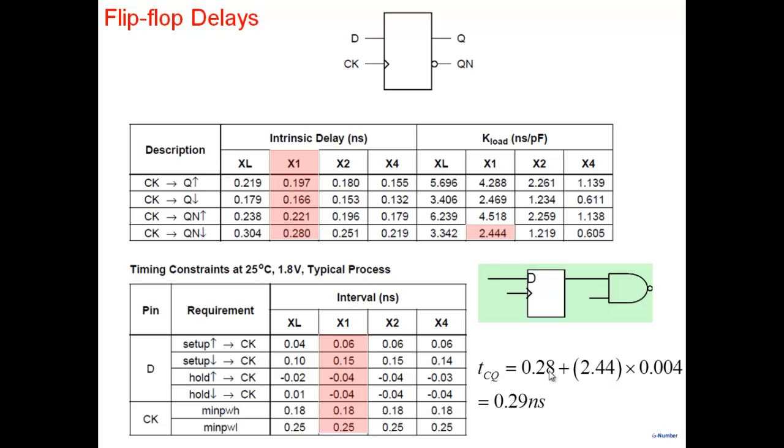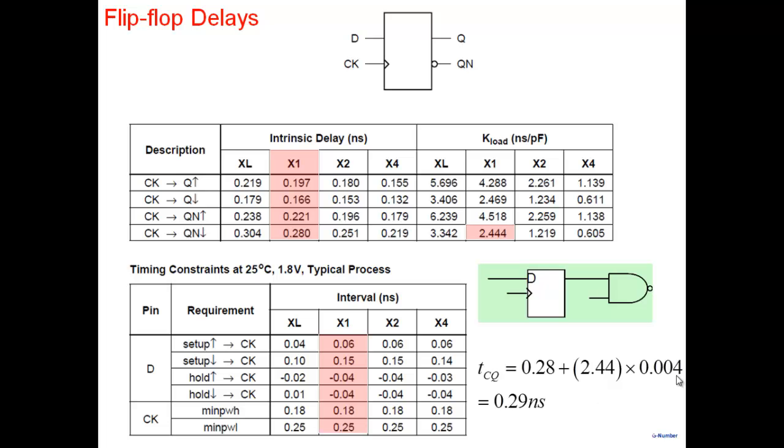So the net delay is 0.28 plus 2.44 multiplied by the input capacitance of the NAND gate here, which for this 180 nanometer is 0.004 picofarad, so 4 femtofarad. So we add them together, and we get a net delay from clock to QN of 0.29 nanosecond here.